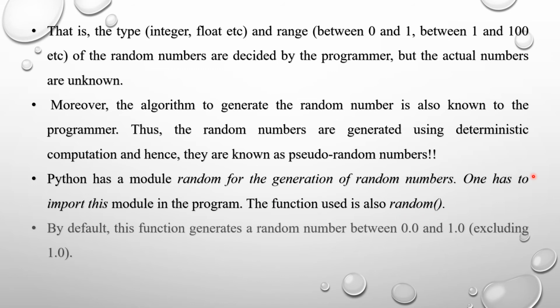By default, this function generates random numbers between 0.0 and 1.0, excluding 1.0. It generates values from 0.0 up to 0.99.